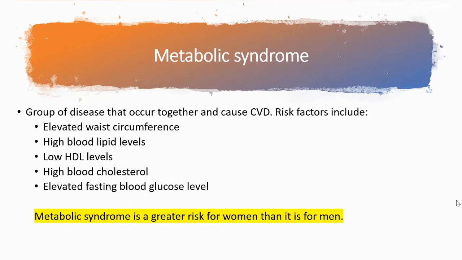Now, HDLs are good cholesterol. This cholesterol will actually go in and sort of sweep out the bad cholesterol from our arteries, so it helps keep our arteries clear. Having high blood cholesterol and having an elevated fasting blood glucose level, which can also be an indicator of being pre-diabetic or diabetes.